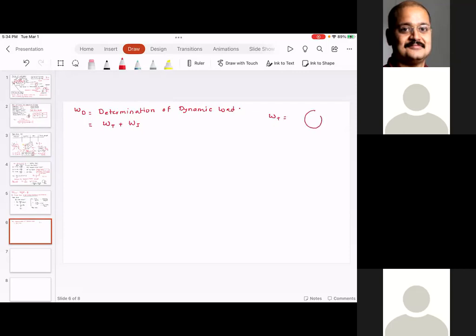Tangential load, if you think about it, is nothing but Wt multiplied by the radius r. Wt multiplied by the radius r gives you torque. So torque is equal to Wt multiplied by r. So that gives you the tangential load.